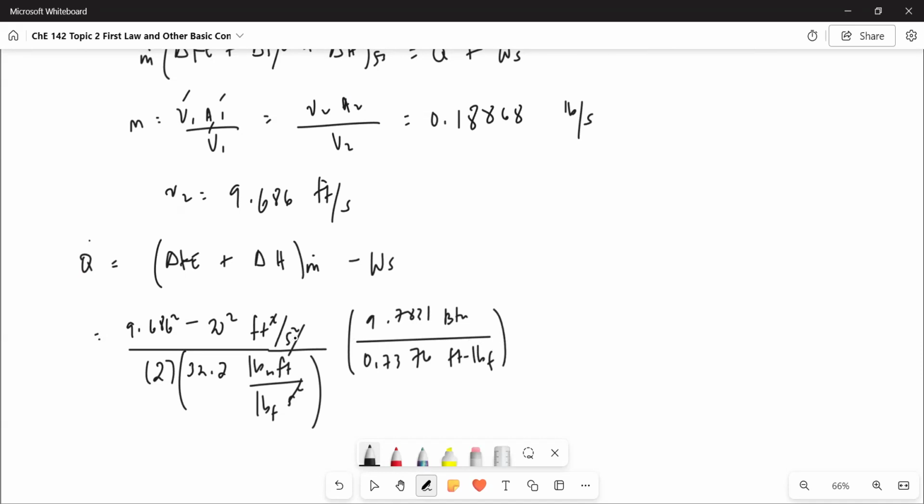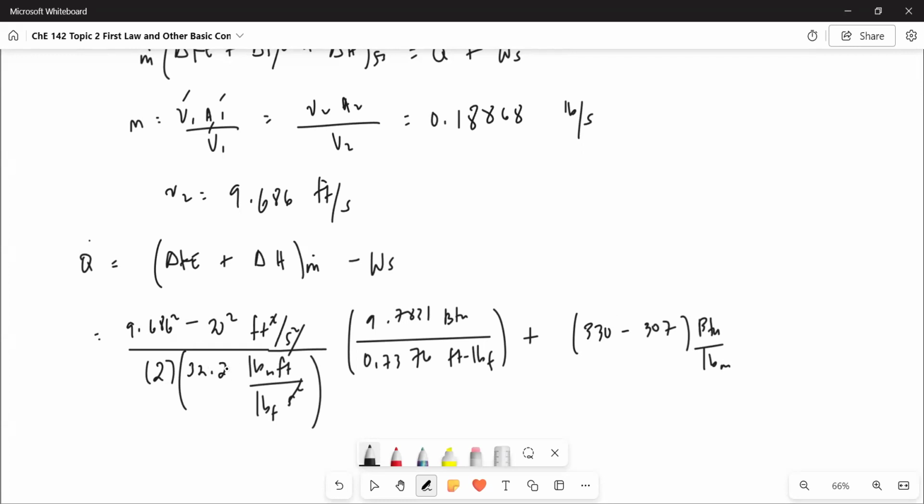Okay? So that cancels out, and this becomes BTU. And that is for the kinetic energy. For the delta H, it's 330 minus 307 BTU per pound mass.